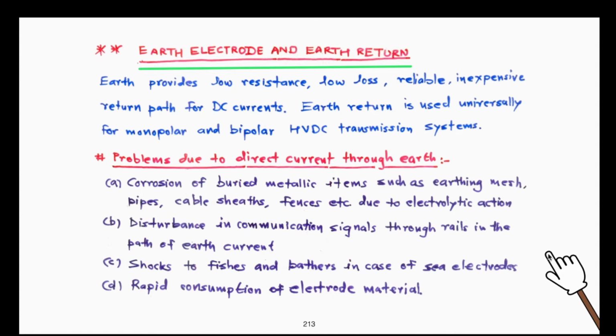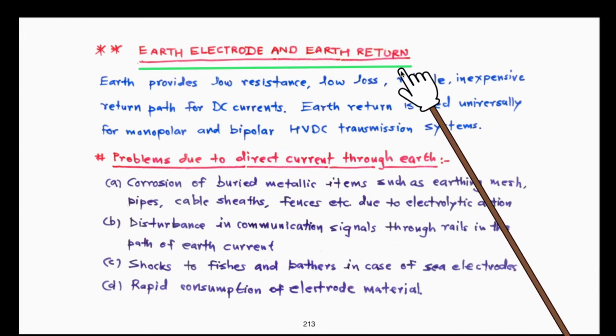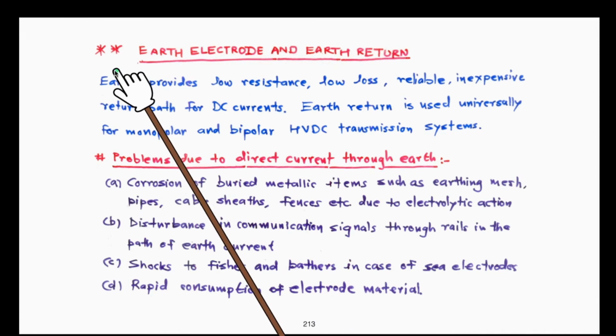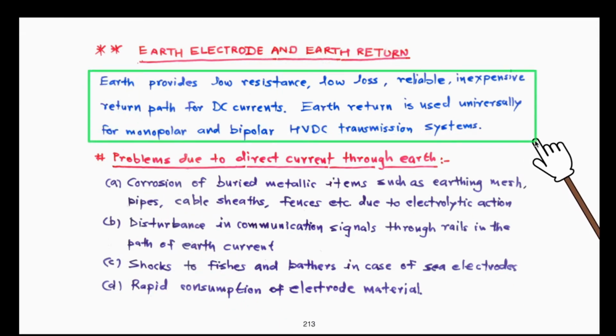Let us see how the ground current flows, that we would like to understand. That idea will be communicated through this particular topic, earth electrode and earth return, right? It is studied and analyzed that the earth provides a low resistance, reliable, low loss, inexpensive return path for the DC current.